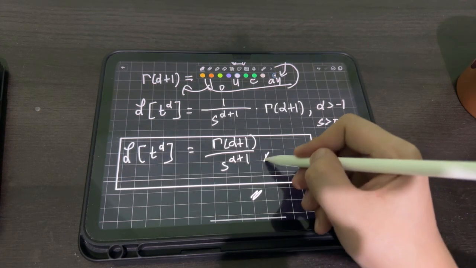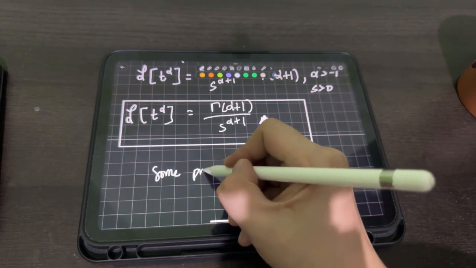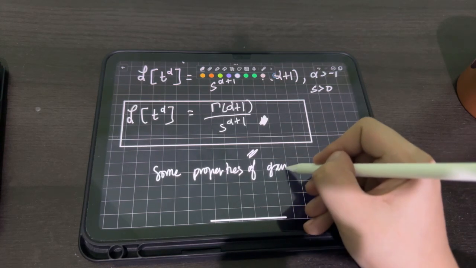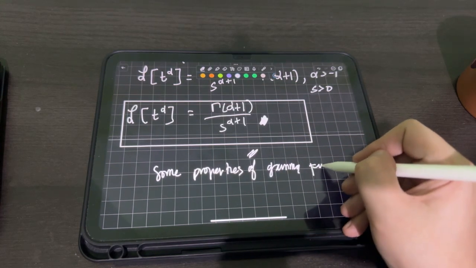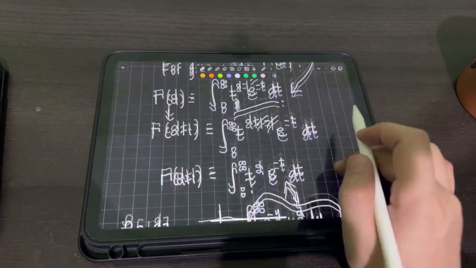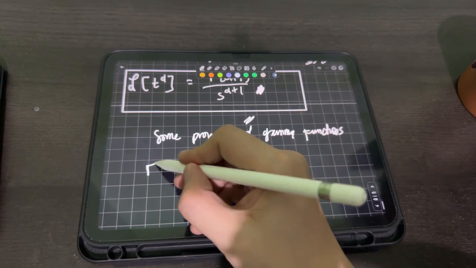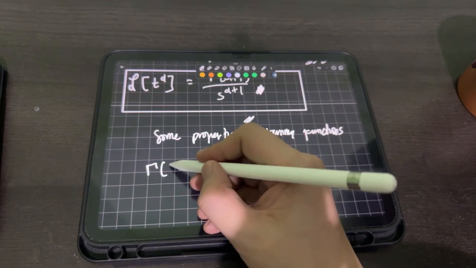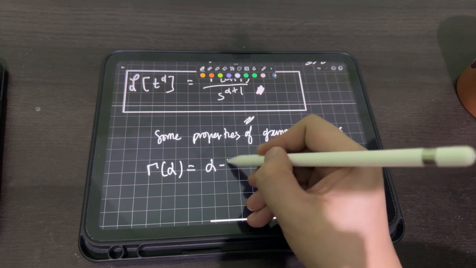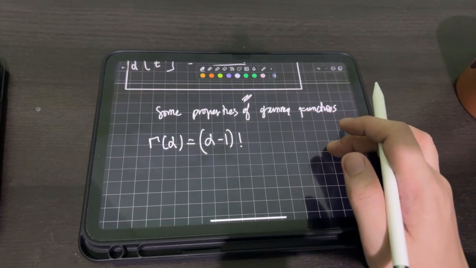But here, you should apply some properties of gamma function. So, some properties of gamma function. This is just derived from the original definition of gamma function. So, the gamma function of alpha is equal to alpha minus 1 factorial. Okay?